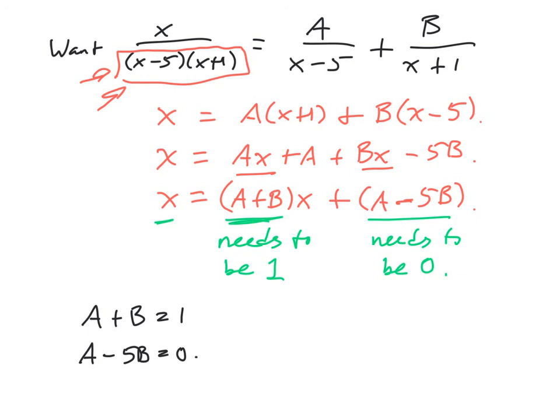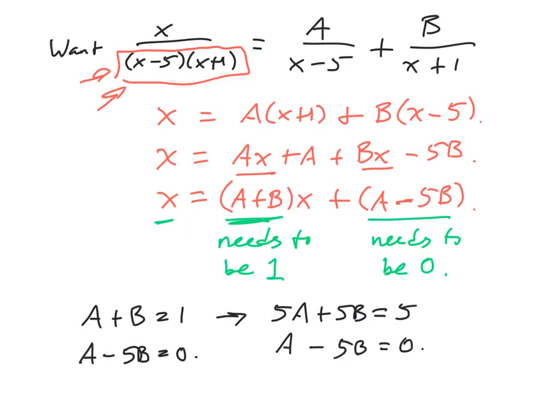Now, depending on what you've been up to, it may have been a while since you've solved a system of equations, but my favorite approach here, I think, is to go ahead and multiply this one by 5 and try and eliminate one of these variables. So 5a plus 5b equals 5, and then a minus 5b equals 0.